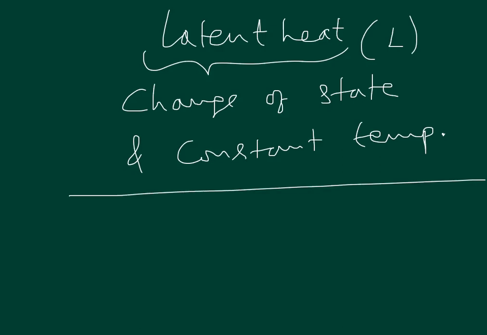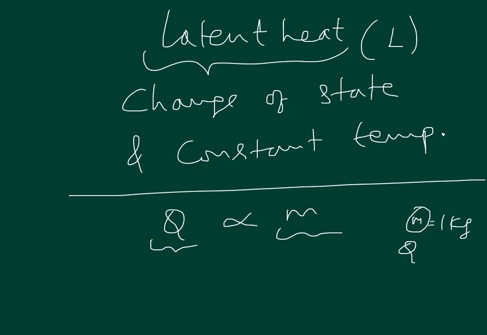This concept says that the heat energy Q is directly proportional to the mass. So if more mass is there, we have to provide more heat to change the state. Suppose this mass is 1 kg, and I provided some heat energy Q. This is an ice block.